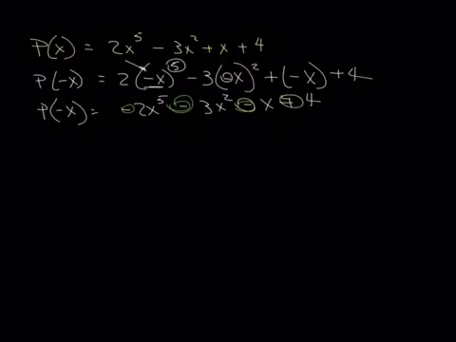So my number of variations for p of negative x is 1. So I have one variation, so I have a possibility of one negative answer. And again, I have one variation, but remember with the positive, if I had, let's say, 4 answers, then I also subtract by 2, and I have those possible numbers of positive answers.